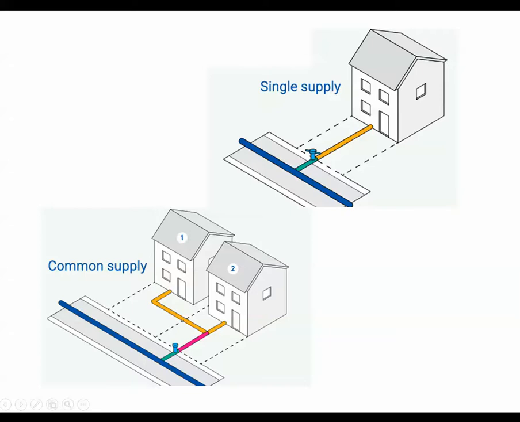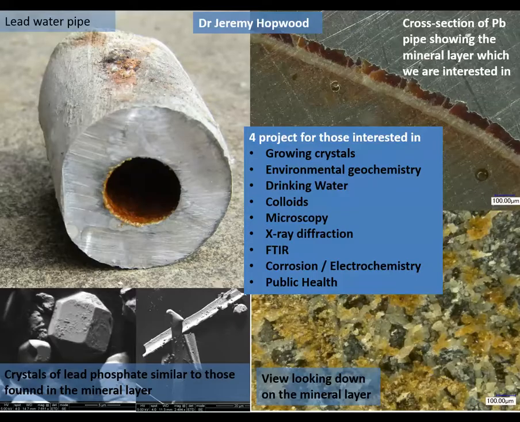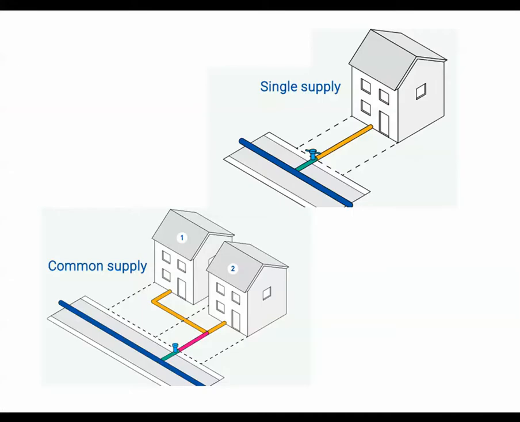And water companies are interested in this lead because they have to make sure that the lead levels in the tap water are below a certain limit, which is currently 10 ppb. So why are we interested in lead? Lead is a health concern. Lead isn't good for you in any way, and so we try and minimize it.